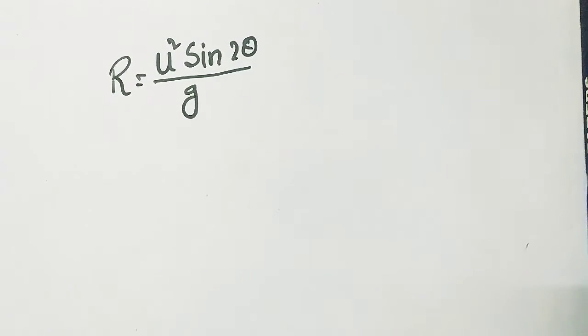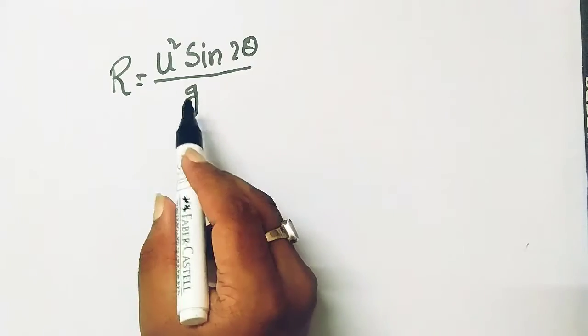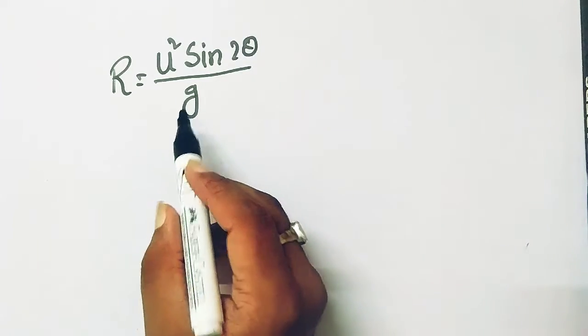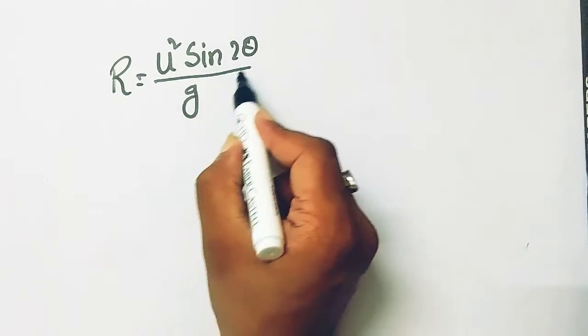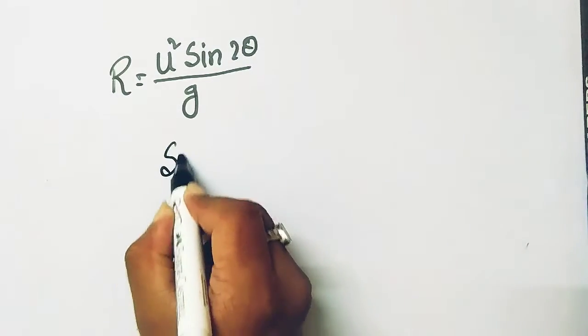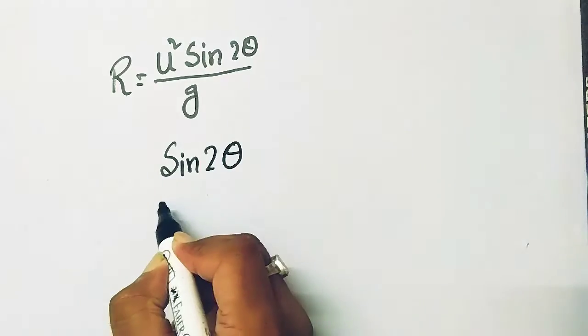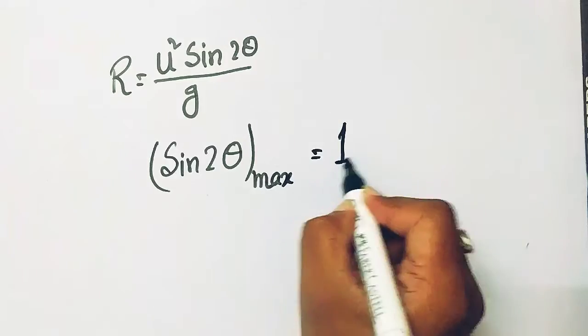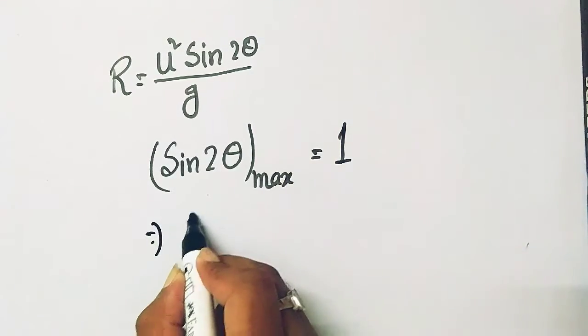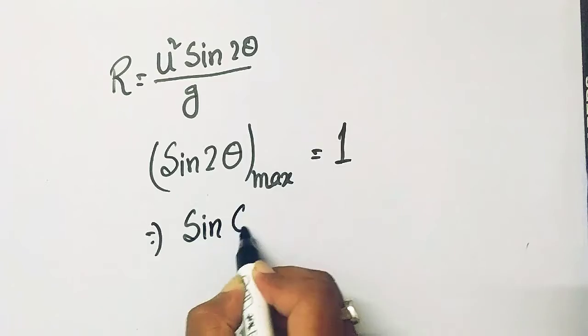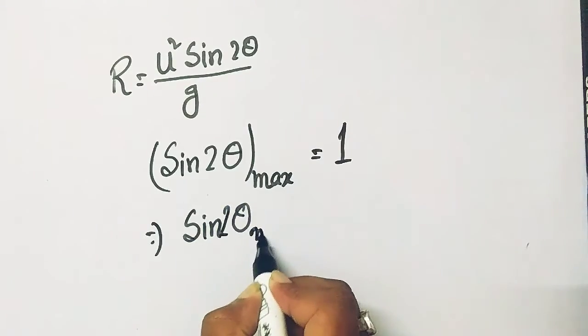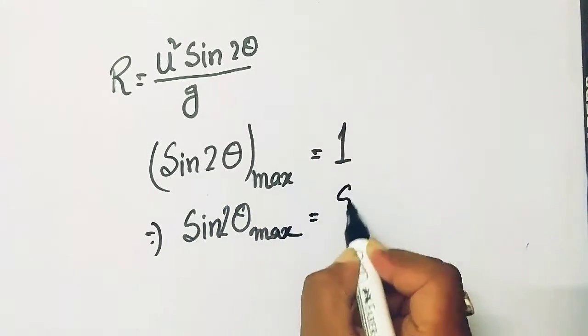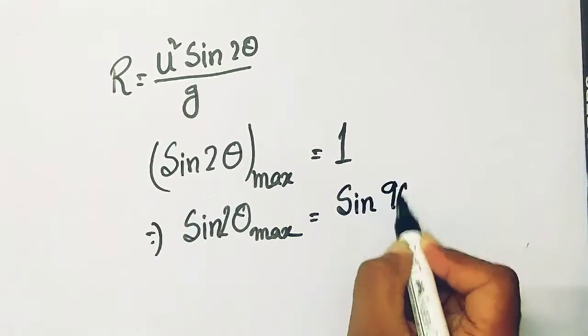We have done this by following the method of differentiation, but these things can also be found by the analyzing method. If u is constant and g is constant in a terrestrial region, then the only variation will be sine 2 theta. Then what is the maximum value of sine 2 theta? The maximum value of sine 2 theta will be 1. If I replace theta by theta max, sine 2 theta max is equal to sine 90 degree.